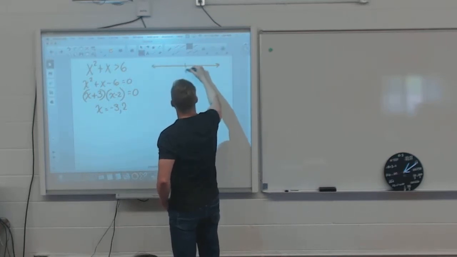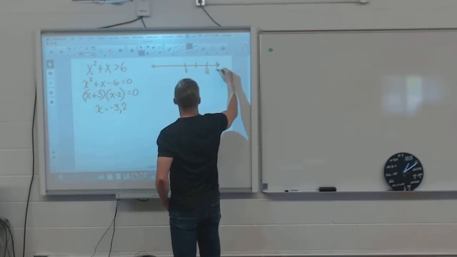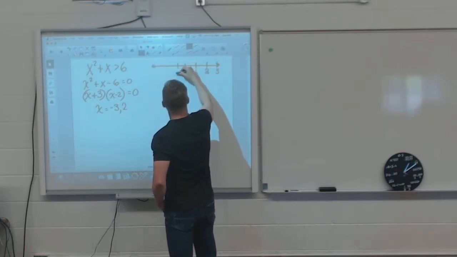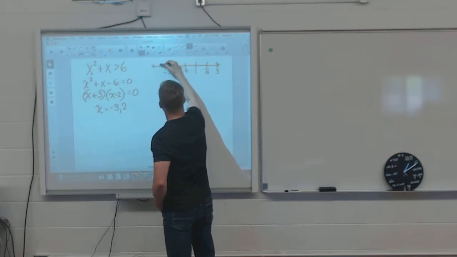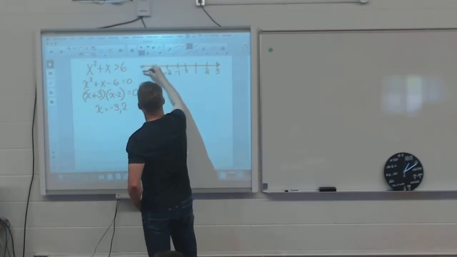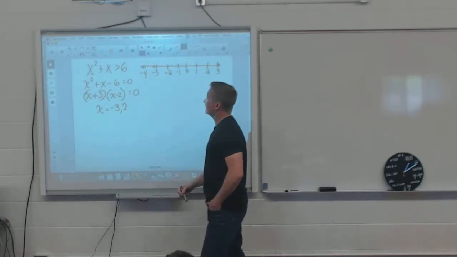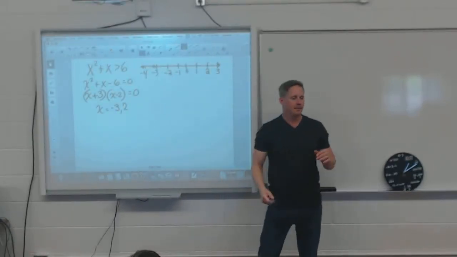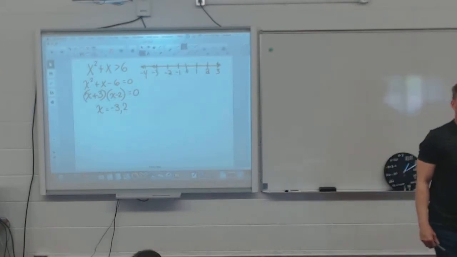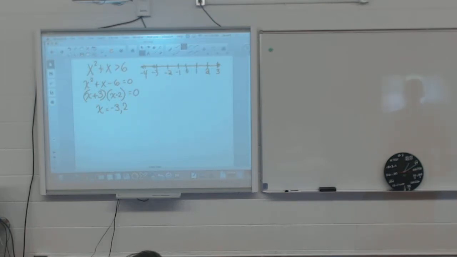Okay, so first thing I'm going to do, the open dot versus closed dot is also the same as the dashed line versus the solid line on a line.